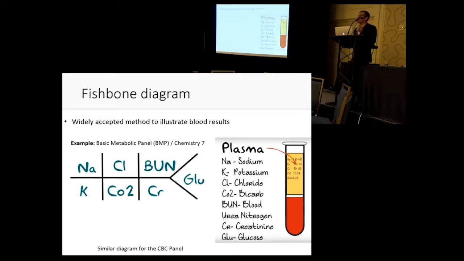You need to better understand the associations, and that's another way to illustrate data that people have been using for a while to simplify the task of analyzing these results, such as blood results.